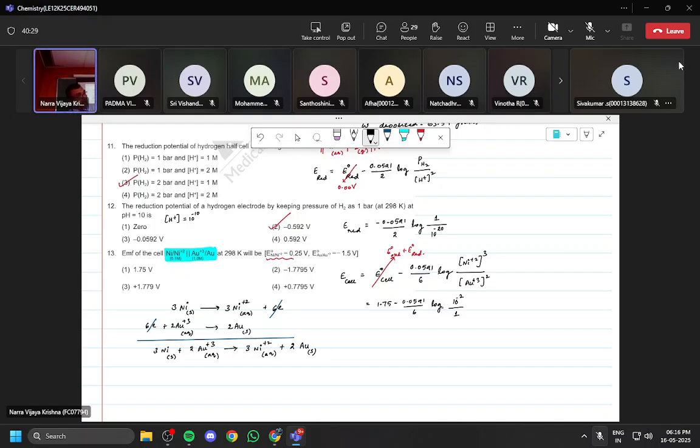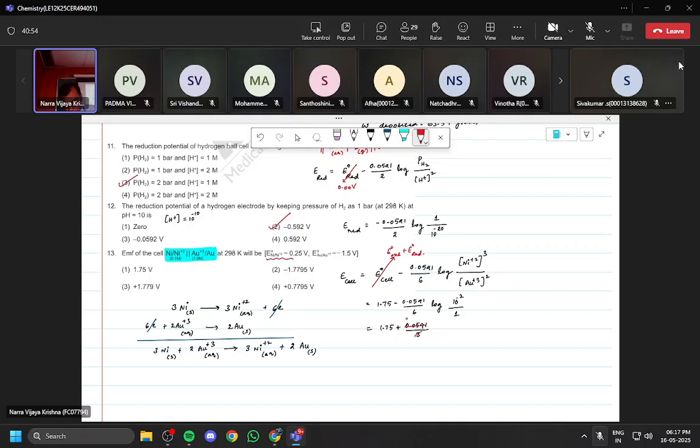Then it becomes minus 2 becomes, so 1.75 minus 0.0, sorry, it becomes plus 0.0591 divided by 3. So 2, 3 times cancelled. Correct? So what is this value?